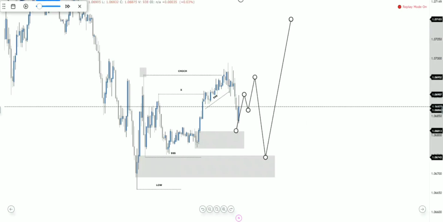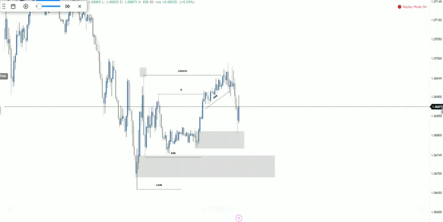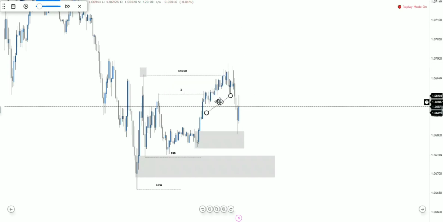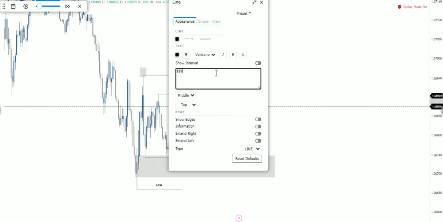So for now, the most basic thing that we are looking for is just a continuation to the upside after a drop into the yellow level, right? So also don't forget to mark out your liquidity taken, right? So liquidity taken becomes X, and liquidity above or below becomes S, right?